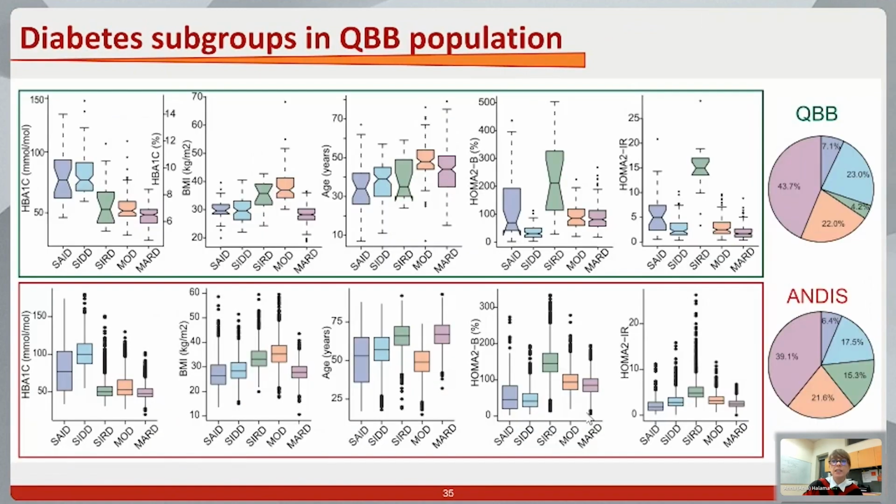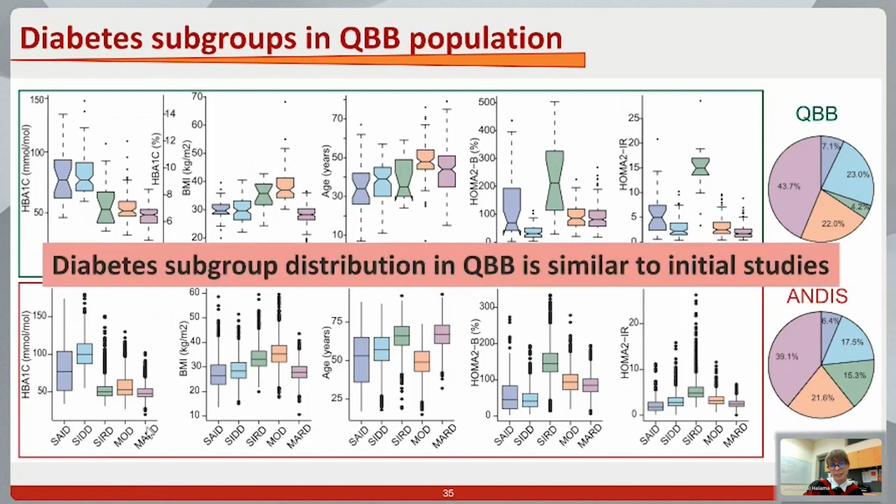She used exactly the same algorithm as the one in the Ahlqvist study, and she was able to show that the distribution across different clusters, highlighted here in different colors, in fact recapitulates the one seen in the Ahlqvist study.